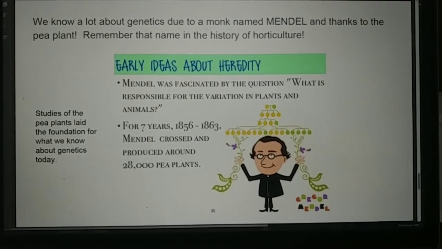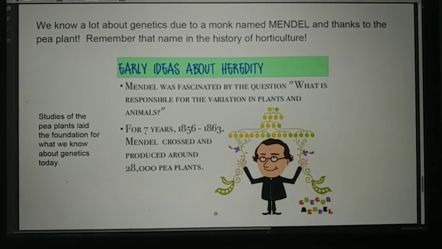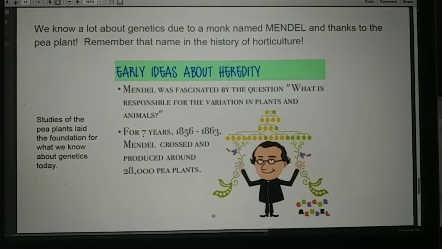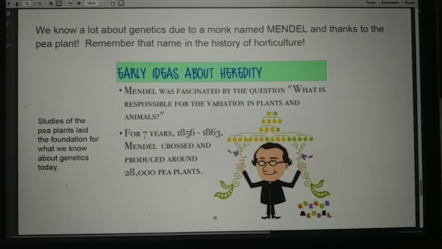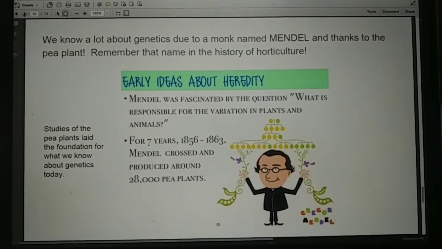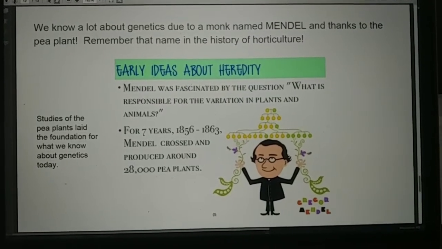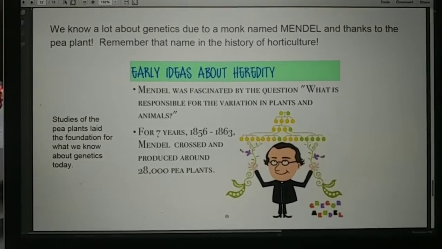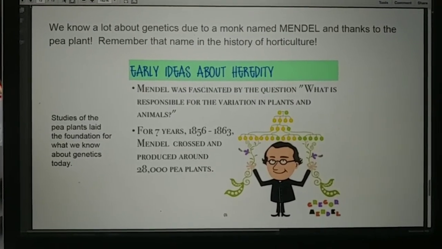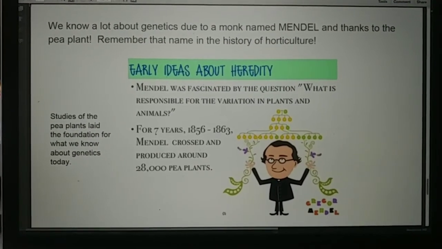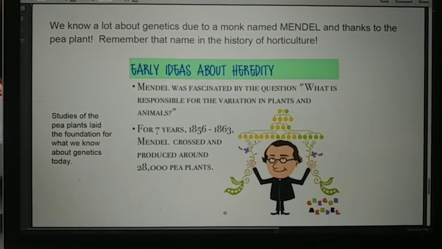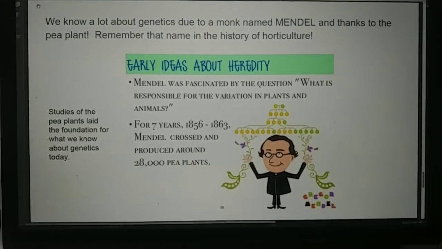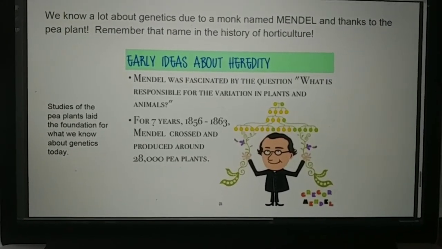So anyway, Mendel is actually the father of all our modern genetic studies. Even our genetic studies today on people, we can thank Mendel for, because he was the very forerunner of genetics. So peas play a very big part in our history. We have peas to thank for being able to study all kinds of inherited traits.